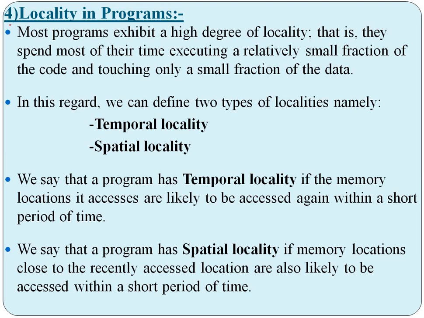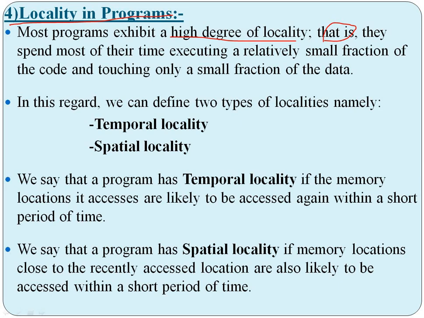Next, locality in programs. Most programs exhibit a high degree of locality. That means they spend most of their time executing a relatively small fraction of the code and touching only a small fraction of the data.